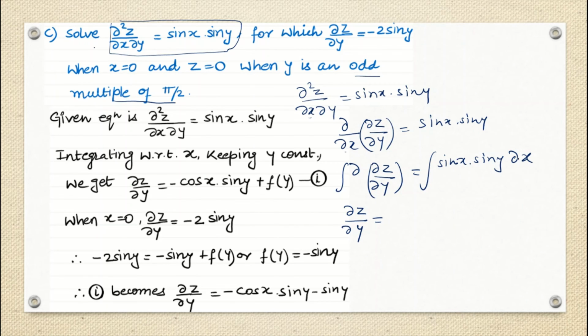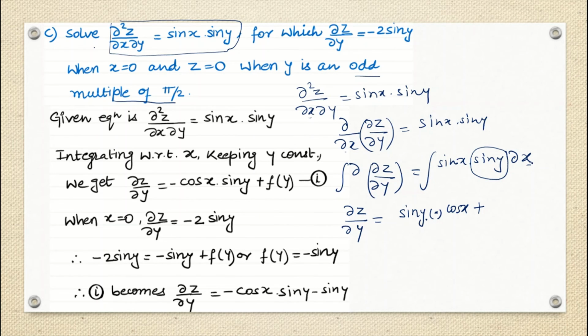And then the right hand side is what? I am finding the integration with respect to x. That means I am treating the function which is in terms of y, sin y, as constant. So I am writing sin y outside, and the integration of sin x dx. The integration of sin x is minus cos x, right? Plus the arbitrary function.